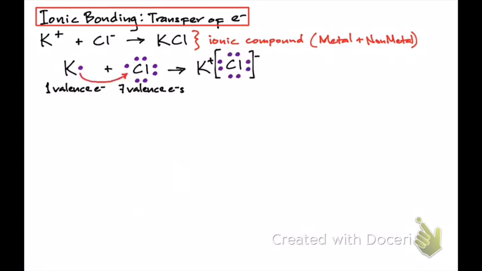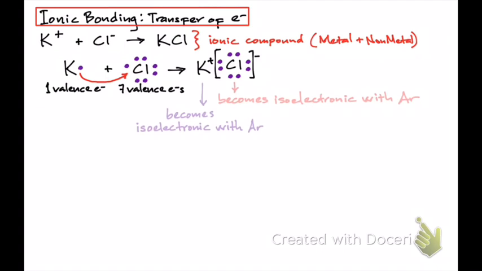When it donates an electron, that potassium gains a positive charge. And once the chlorine receives that electron, it gains a negative charge. So now you have a positive-negative interaction here, an electrostatic interaction. And that's basically what ionic bonding is. It's the electrostatic interaction between a cation and an anion.